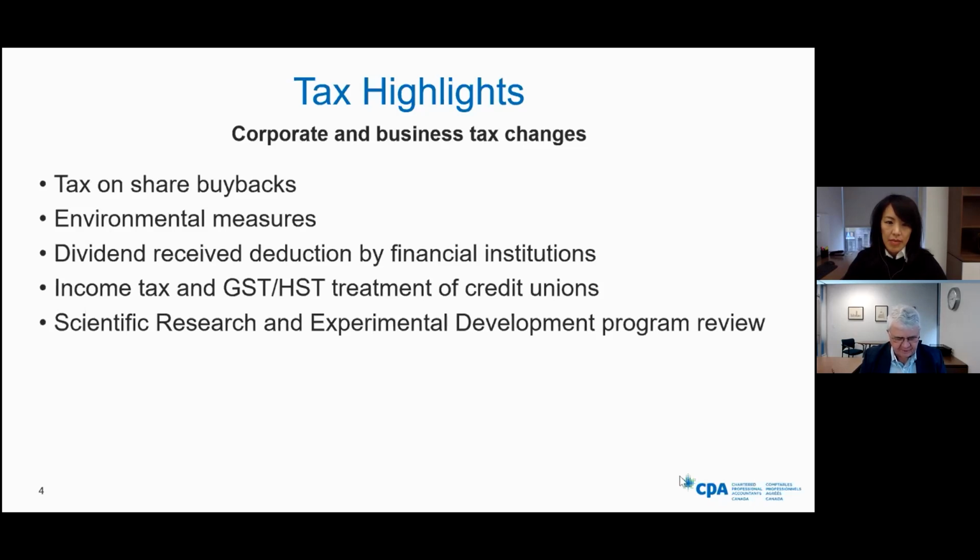So just some other examples there. And some new credits. There's a clean electricity credit, a new credit for clean hydrogen, and they've also, again, expanded some of the rules. So there was an existing ITC for clean technology related to geothermal. That's been expanded out to include some new CCA classes.